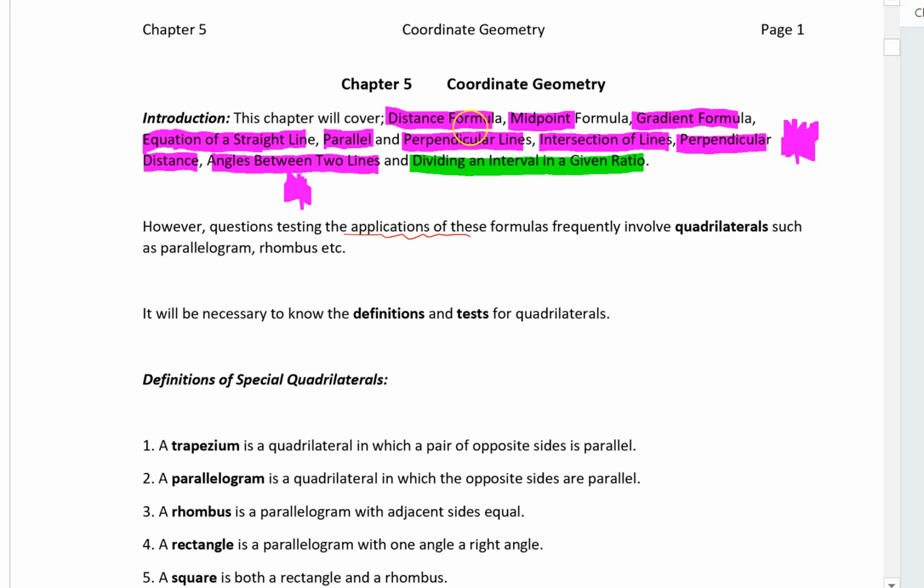So what situations require us to use the distance formula? What applications could there be that talk about the midpoint or lines being parallel and perpendicular?